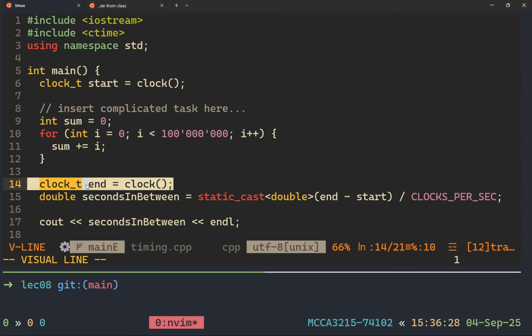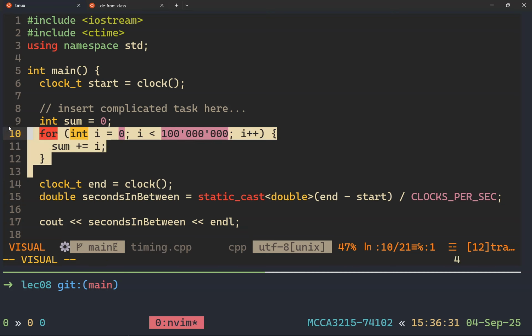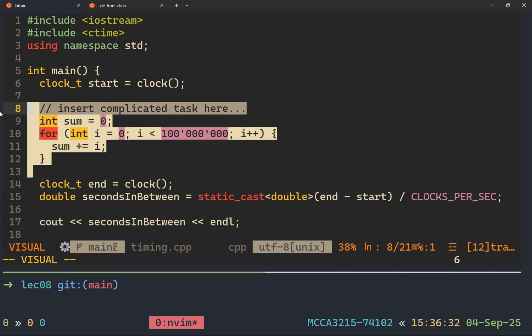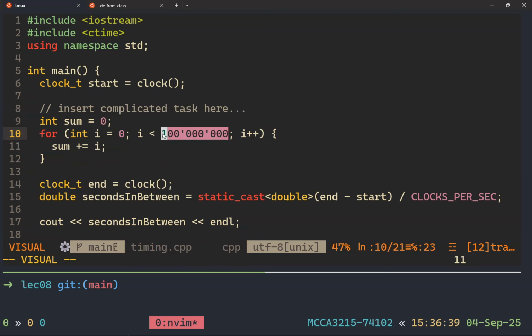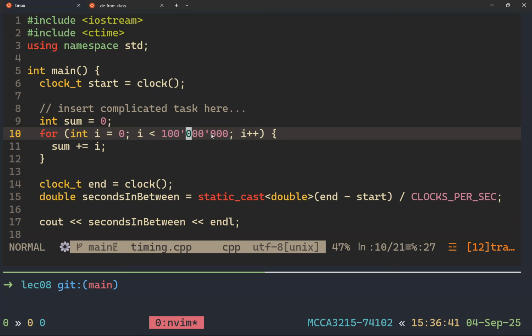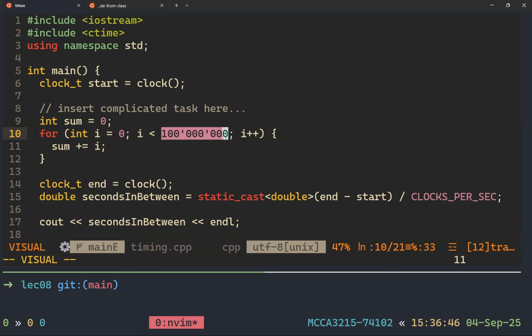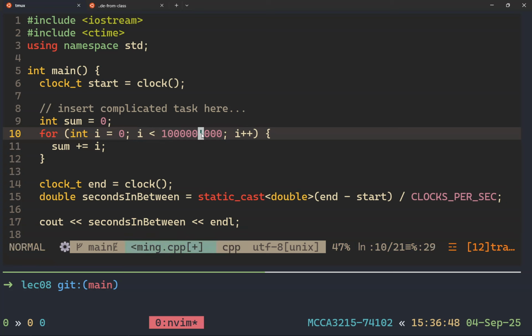And then in between, a call to clock again, right? You do your work. So the time in the universe has changed in between. You do your complicated thing. If you want to separate numbers in a way that you can understand later, you can put little quote marks, which is kind of cool. You can't put commas, but you can put little quote marks. So this is the same as saying exactly 100 million, but it's much easier to read that way.